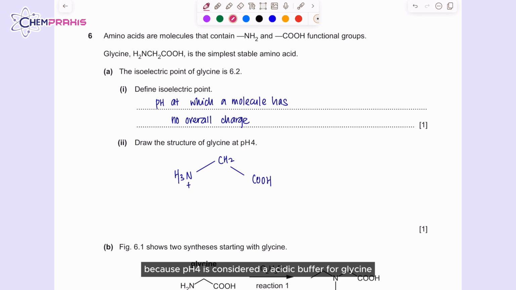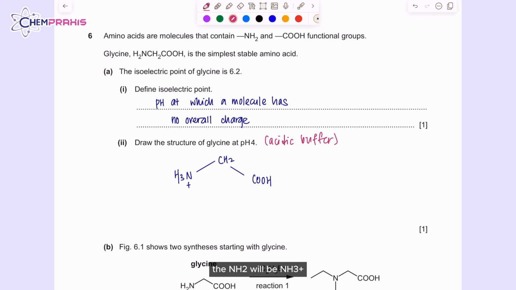Because pH 4 is considered acidic for glycine, in acidic conditions the NH2 will become NH3+, and then the COO- will become COOH. Because when they form the zwitterion, this is the structure of it.